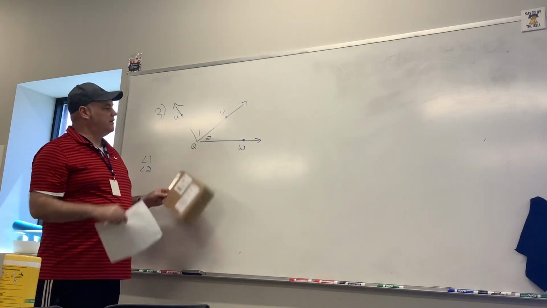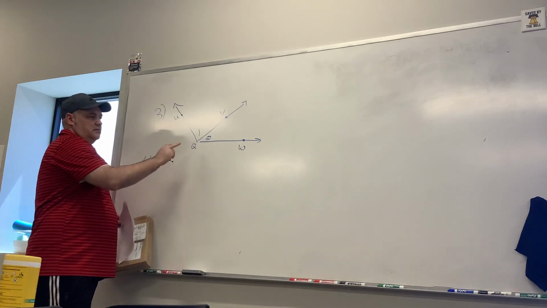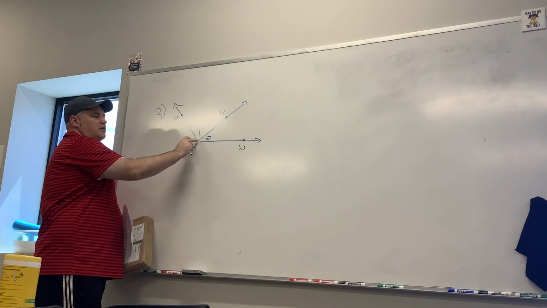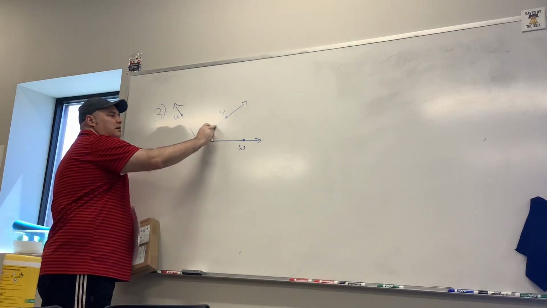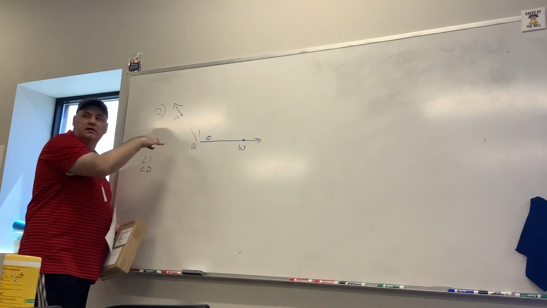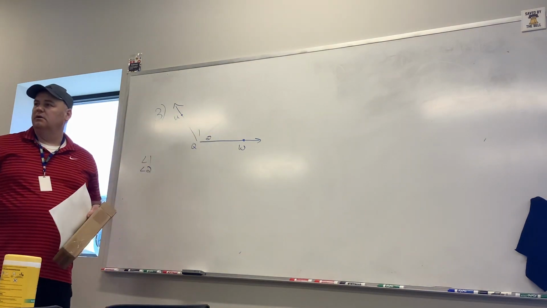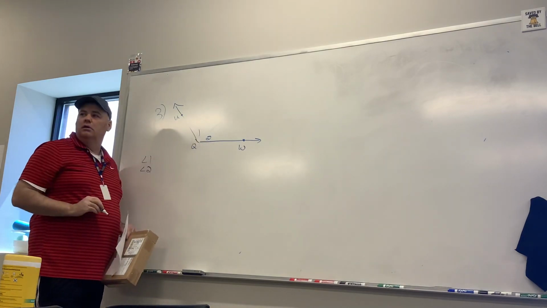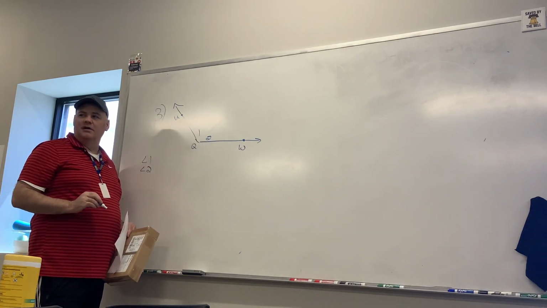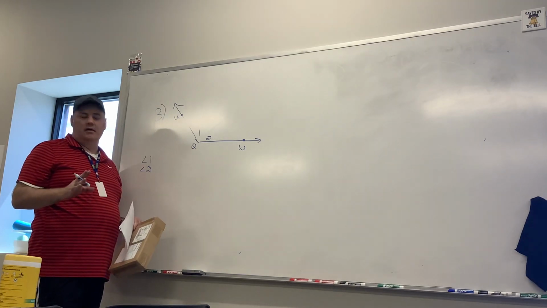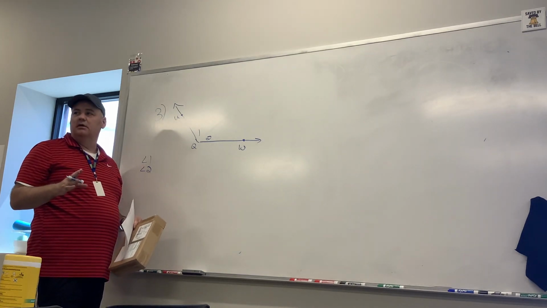But if you combine them, and look at it without this line there, that's a whole other angle, right? That's an obtuse angle. Now we can't call it 1, 2. We can't combine it with numbers. So we have to use the letters to name it.